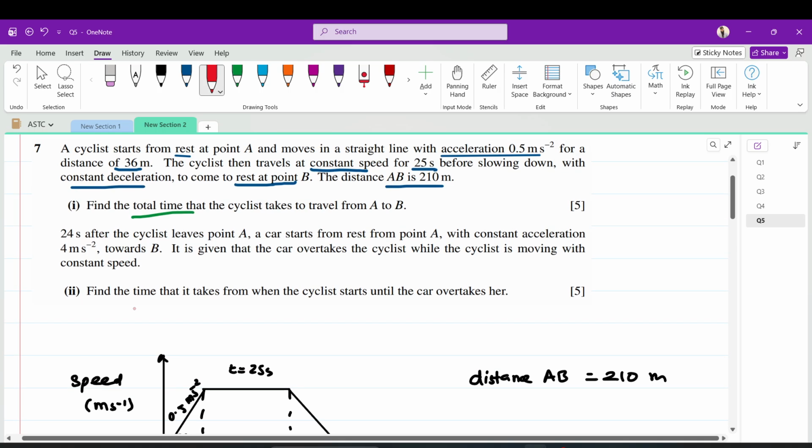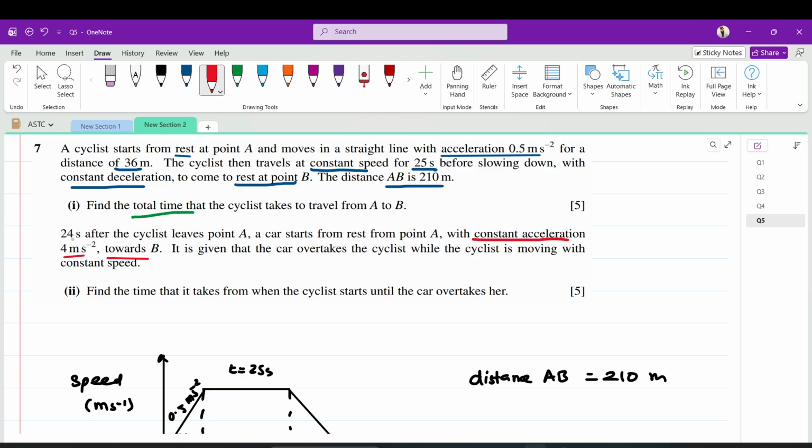Okay. It says that 24 seconds after the cyclist leaves point A, a car starts from rest from point A with constant acceleration of 4 meters per second squared towards B. It is given that the car overtakes the cyclist while the cyclist is moving with constant speed.